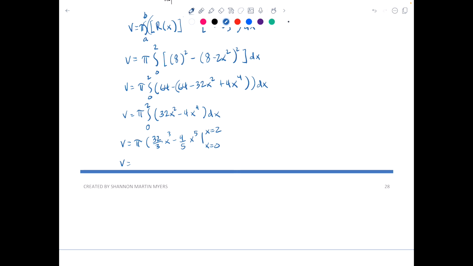And so I'll plug it in first. So we'll have pi times 32 thirds times 8 minus 4 fifths times 32.